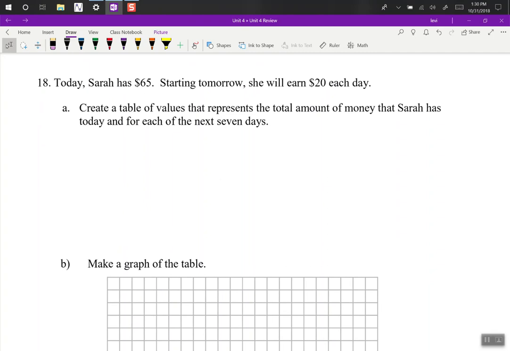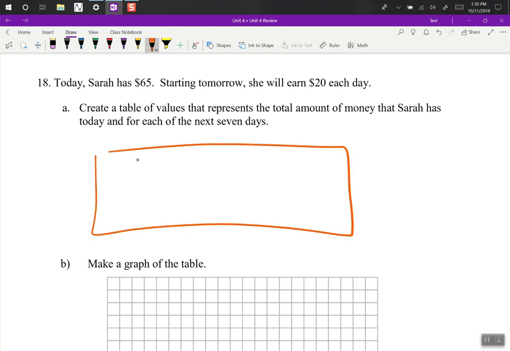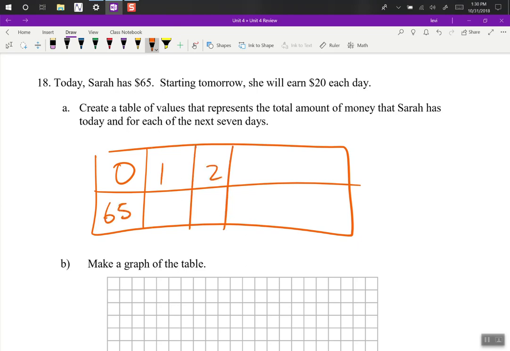Today Sarah has $65, and each day she will earn $20. Create a table. So today we could say is day 0. She's got $65. Day 1, day 2, day 3, day 4, day 5, day 6, day 7.